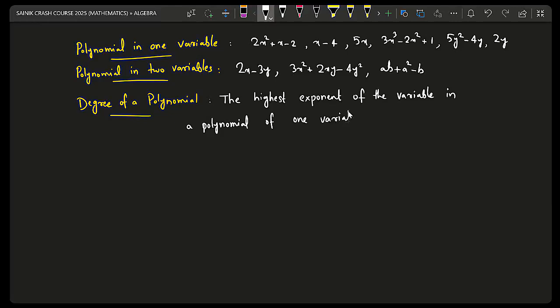We can take more than one variable also, that I'll take as an example later. First, we'll take a one variable polynomial. How to check the degree? The highest exponent of the variable is called its degree.